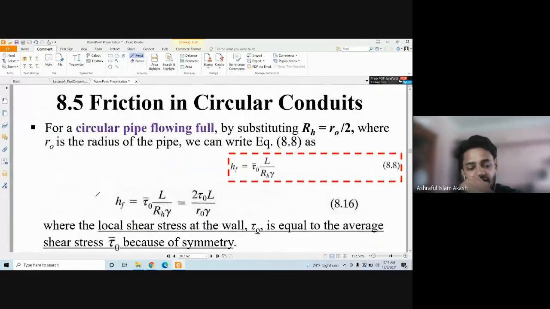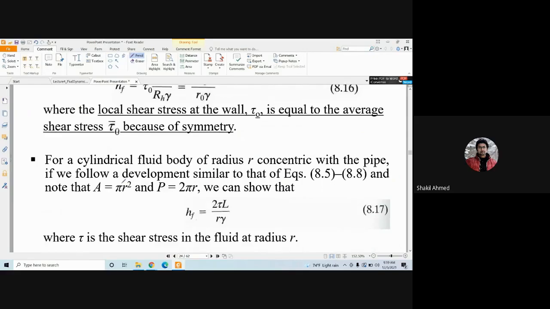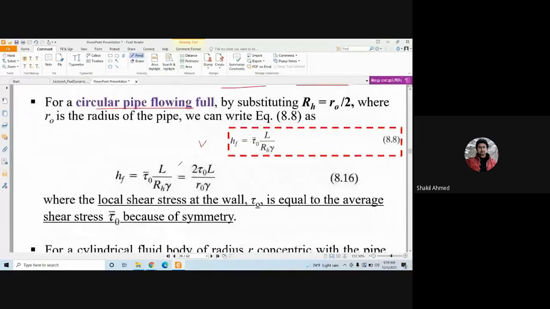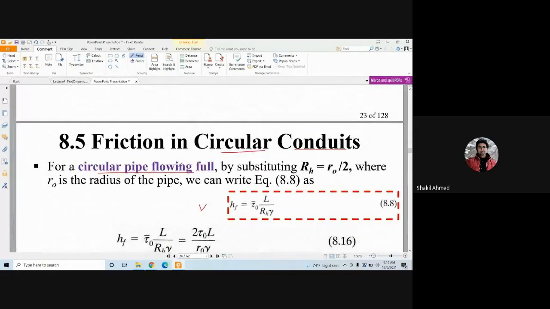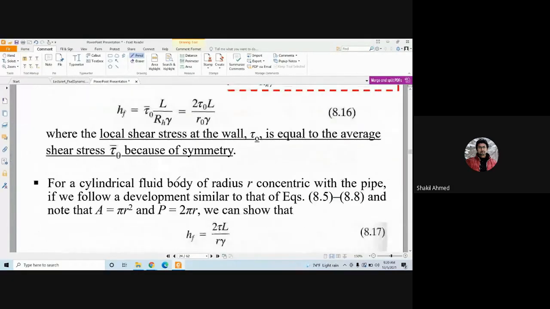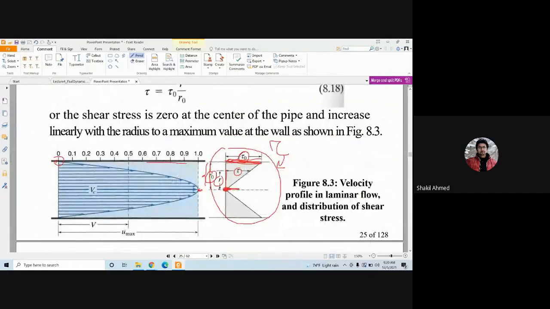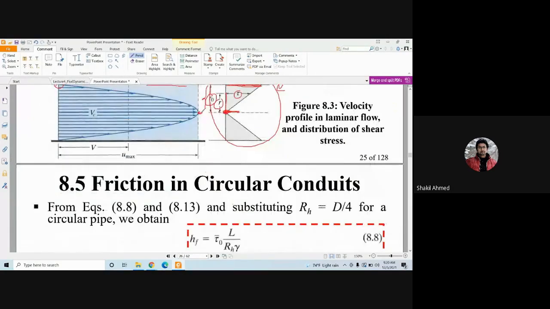Friction in circular conduits. So we can write this for a circular pipe flowing full. I already discussed this: the shear stress changes, and then the velocity distribution.